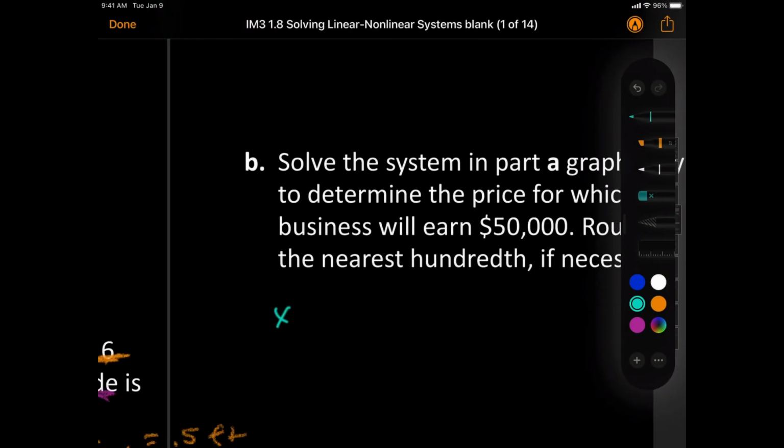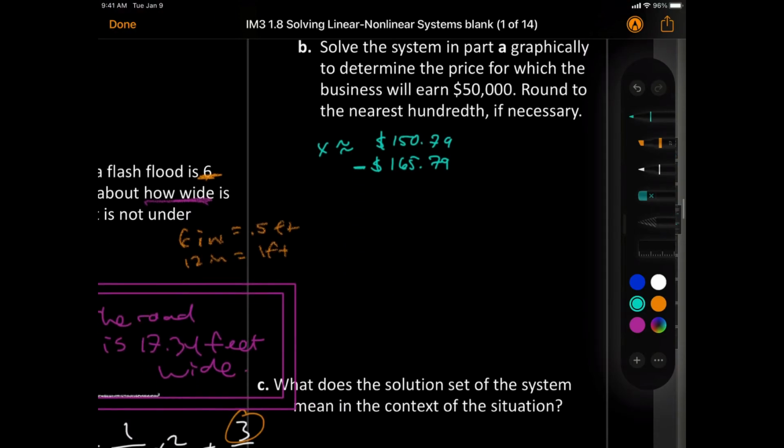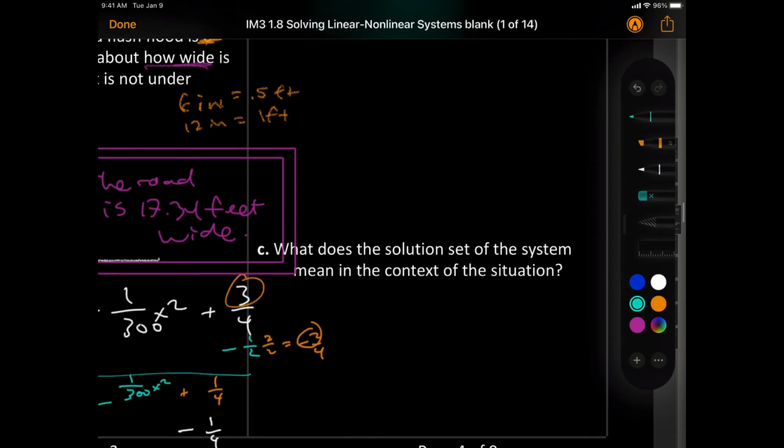X is approximately 150.79 and also negative 165.79. And then, what does this, that one was a negative. Okay, what does the solution set of the system mean in the context of this situation?